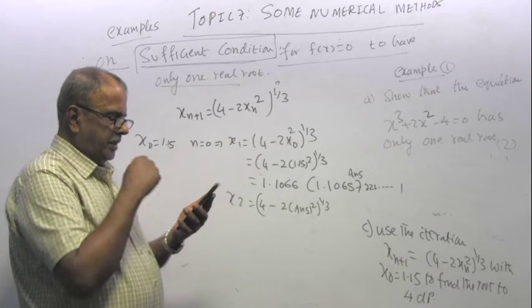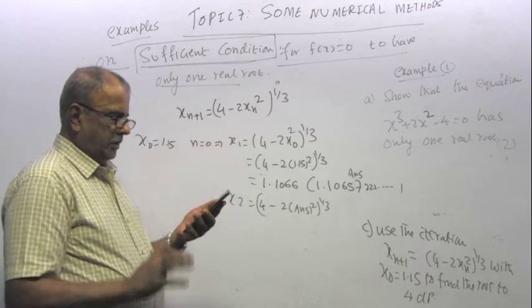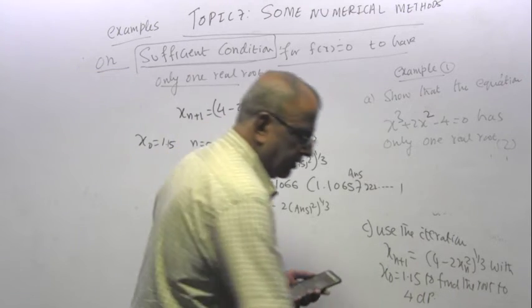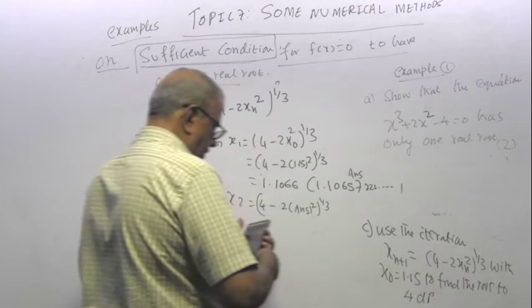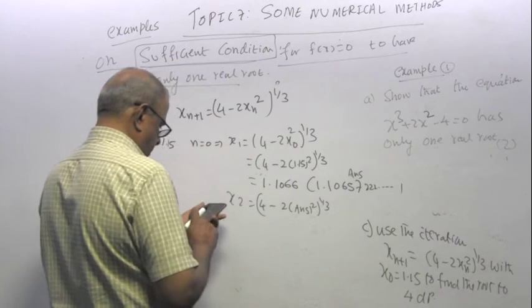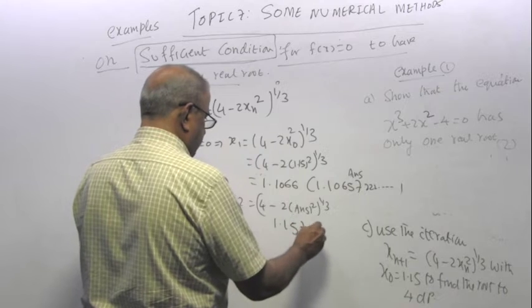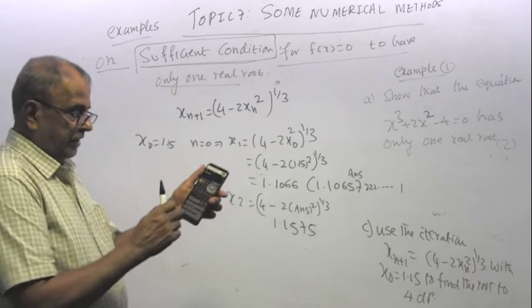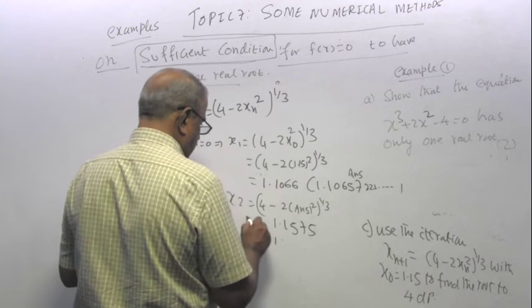Answer squared, power 1/3 equal to 1.1575. See, this is the beauty of calculators for you. I've got the whole answer. Just put equal to 1.0970.